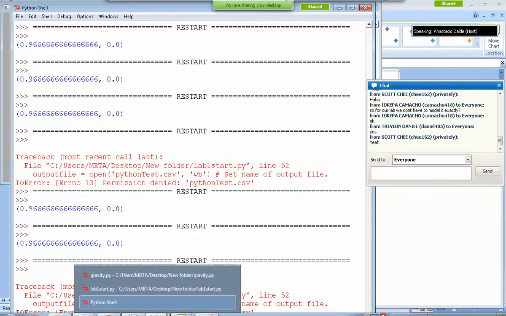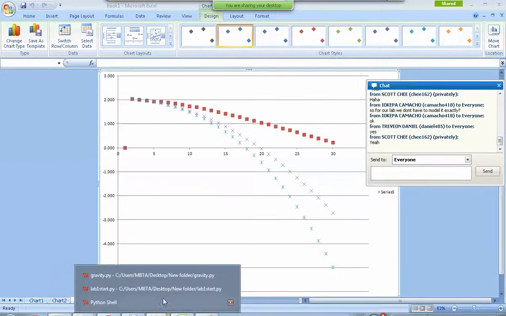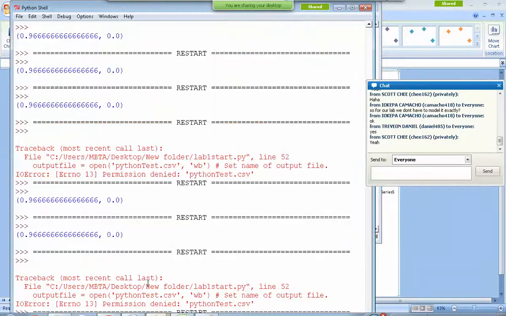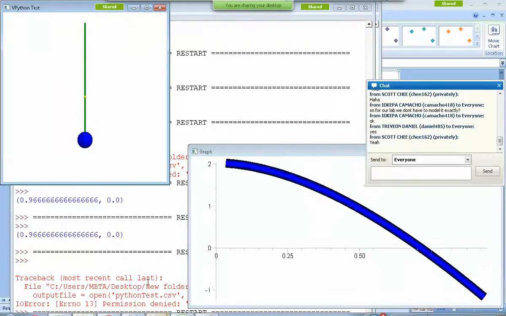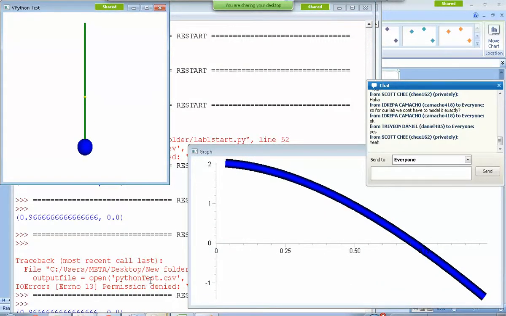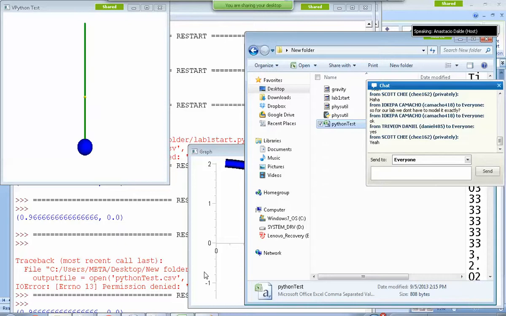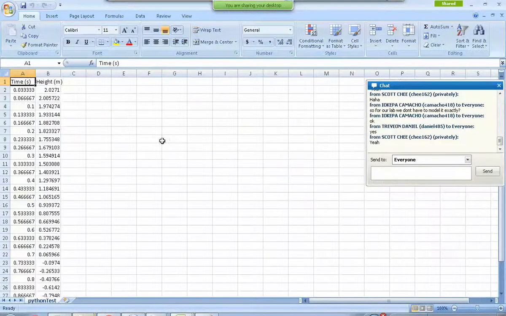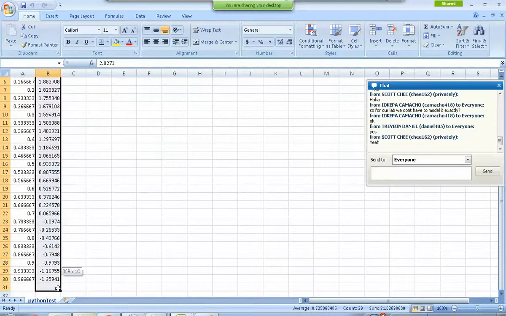Oh, darn it, I have this thing open again. All right, drag force is negative. There we go. Let me try graphing that and see what happens. Open the Python test, copy and paste that.